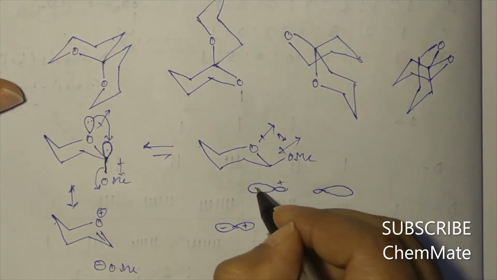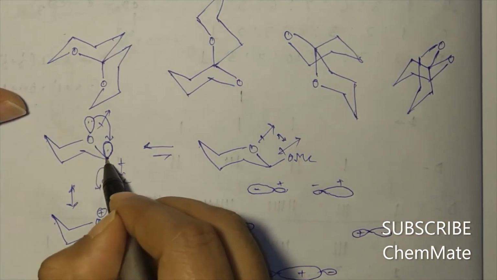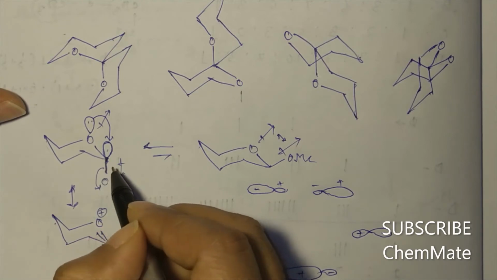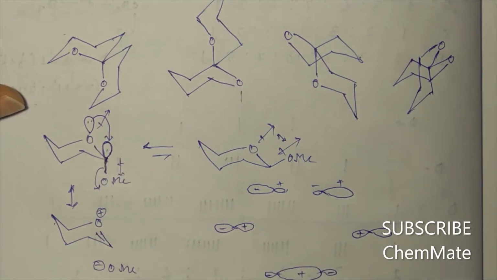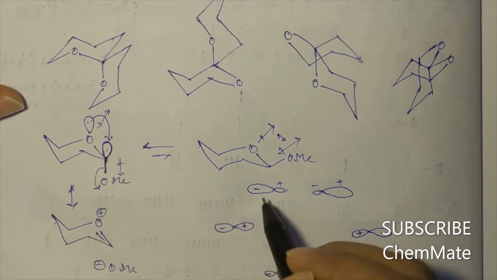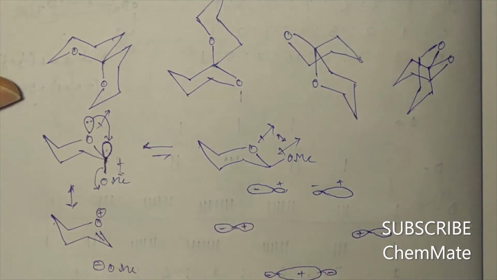Here plus minus minus plus. Now this sigma bond has the antibonding orbital in this direction. So this antibonding orbital is empty and this lone pair will be given in this antibonding orbital.